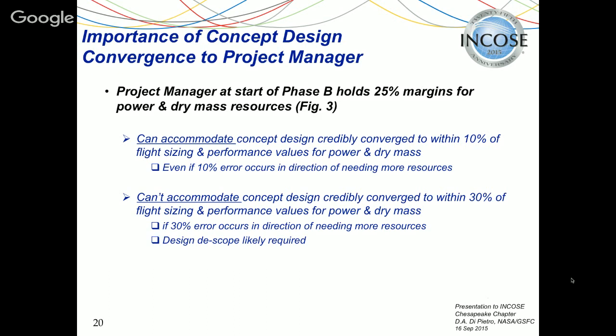But you can't accommodate a design that's been converged to within only plus or minus 30%, because you're only holding 25. In that case, if the error all goes in the direction of needing increased resources, you're likely to need a descope.